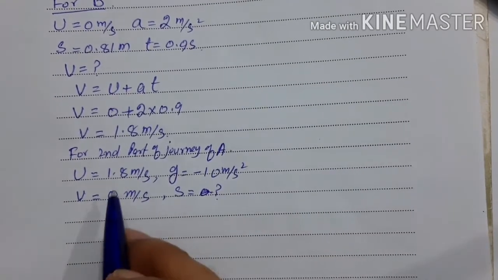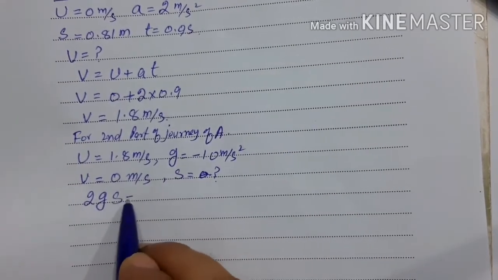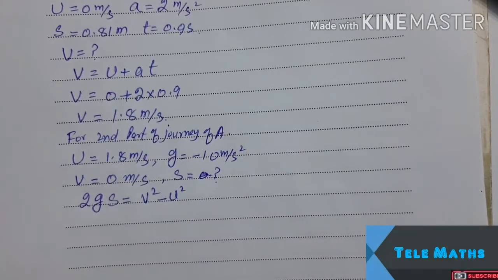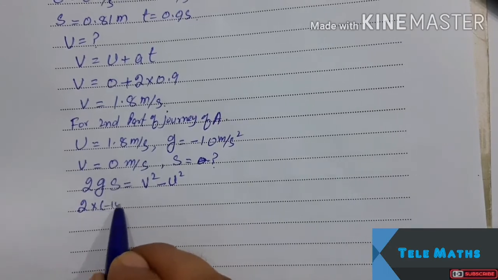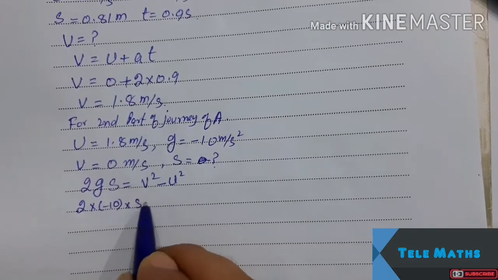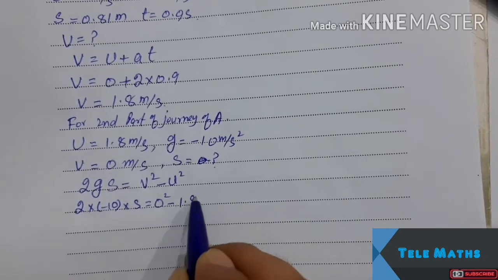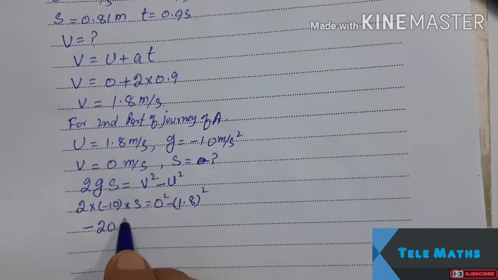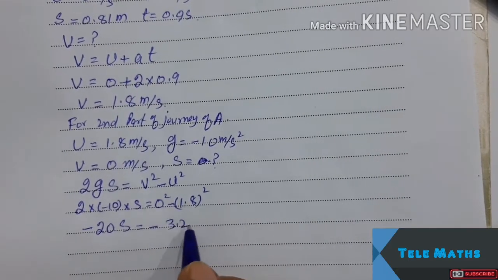So I'll use the third equation: 2gs is equal to v squared minus u squared. So 2 into minus 10 into s is equal to 0 squared minus 1.8 squared. So minus 20 s is equal to minus 3.24.